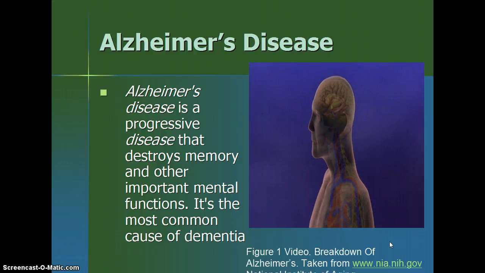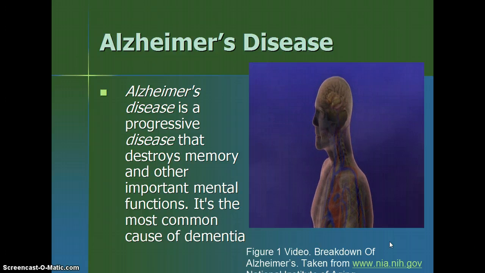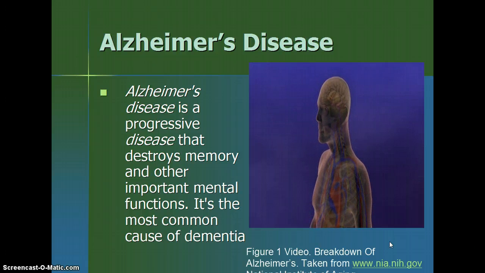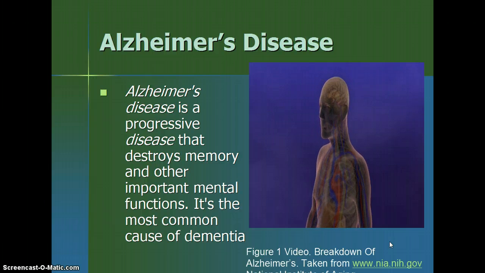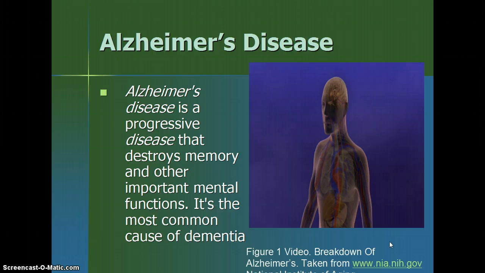Scientific research is helping to unravel the mystery of Alzheimer's and related brain disorders. As we learn more, researchers move ever closer to discovering ways to treat and ultimately prevent this devastating fatal disease.